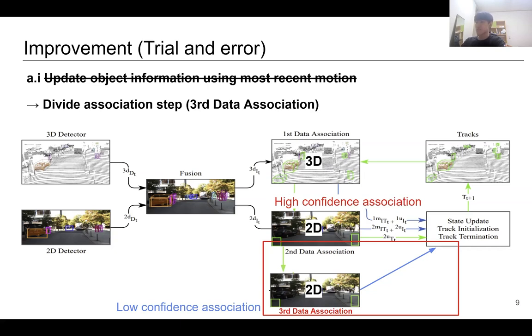To do this, we split the existing 2D tracking step into two subdivided tracking steps. The first is high confidence association, the second data association, and the other is low confidence association, the third data association.